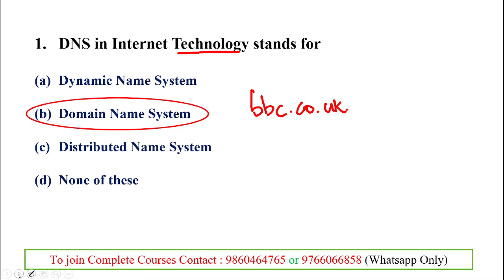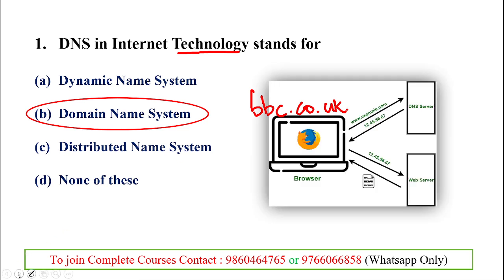So DNS is called the domain name system, and here we can see the browser, and www.example.com is a web address that is sent to a DNS server, and later it resends a numbered string, and this is sent to the web server.